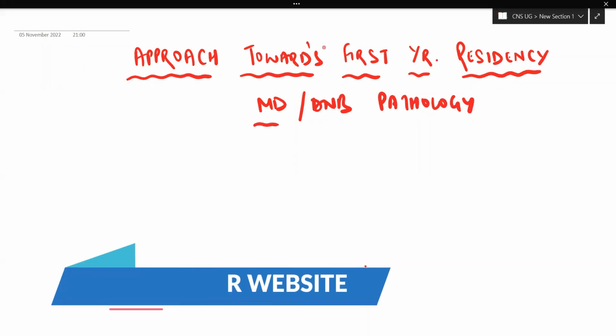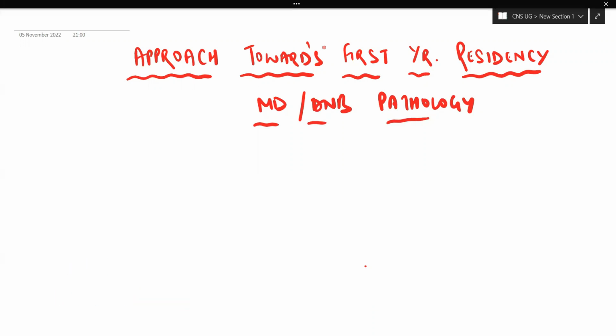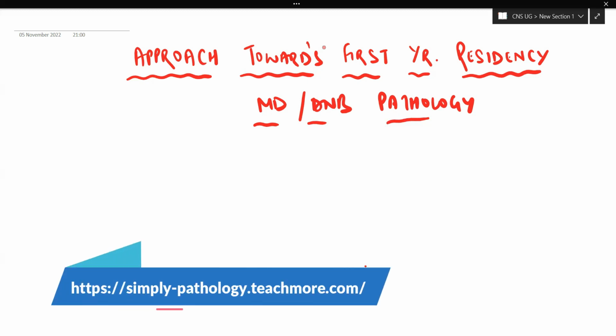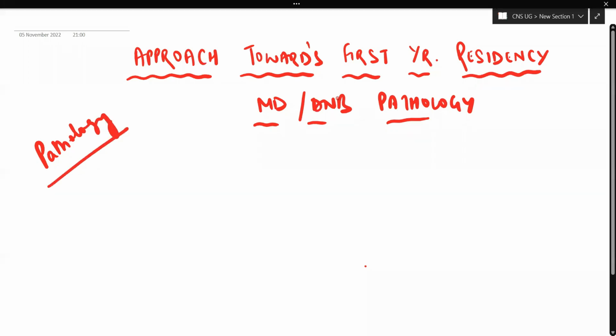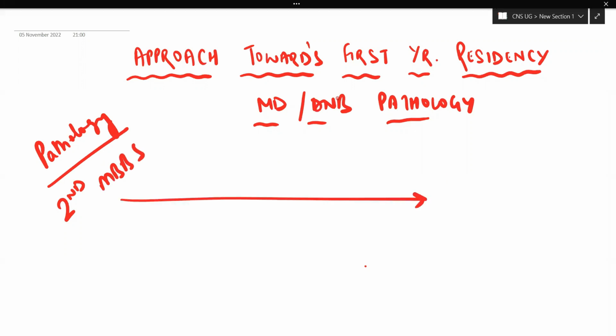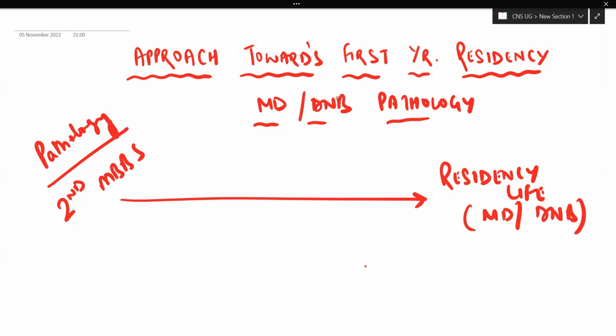We have to discuss very important points because you are here for the first time, and the pathology department is a new department for you. Whatever ideas you have with regards to pathology, with respect to what you learned in your second MBBS, and whatever you see in your residency life, that is in your MD DNB, there is a lot of difference.